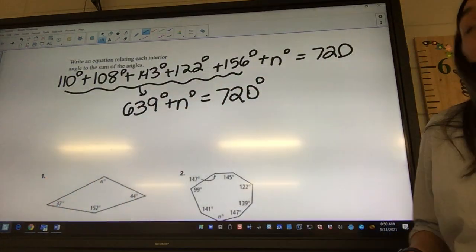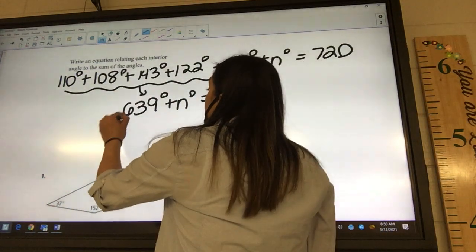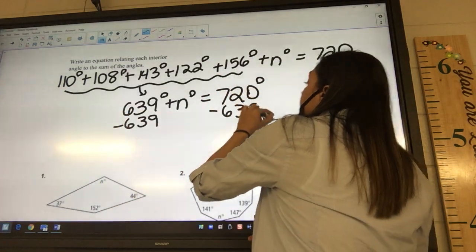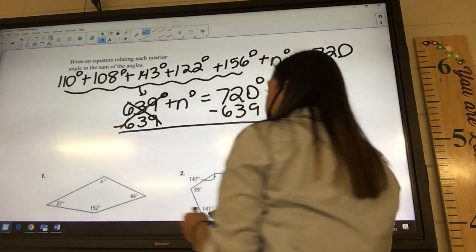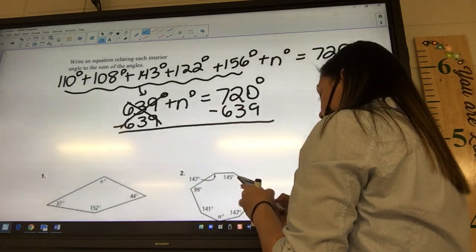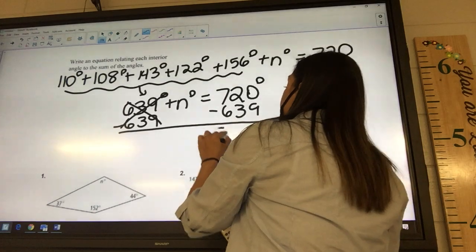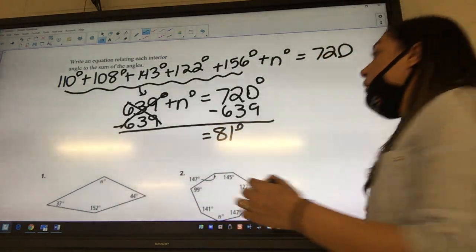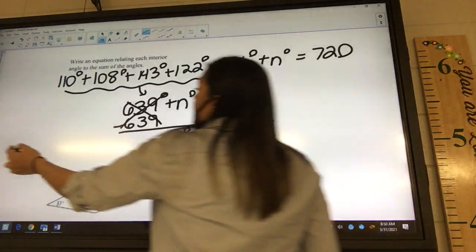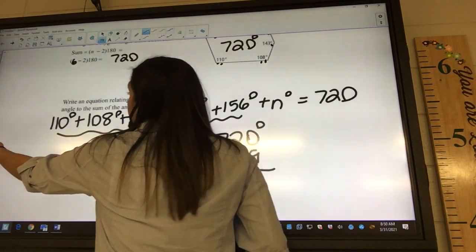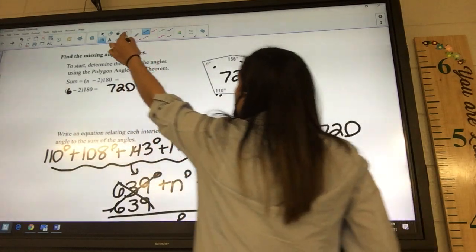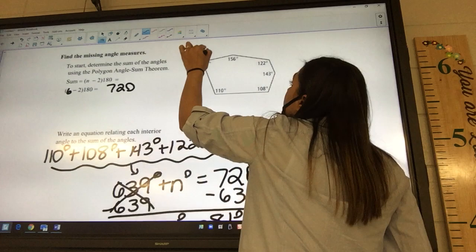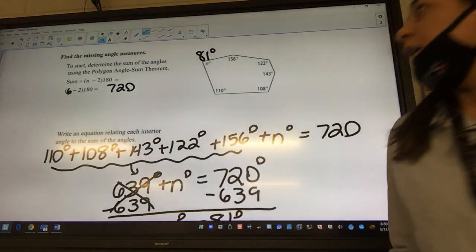Minus 639 on both sides. 720 minus 639 is 81. So n is this missing angle. N degrees is really 81 degrees, and you could fill this one in as 81 right here.